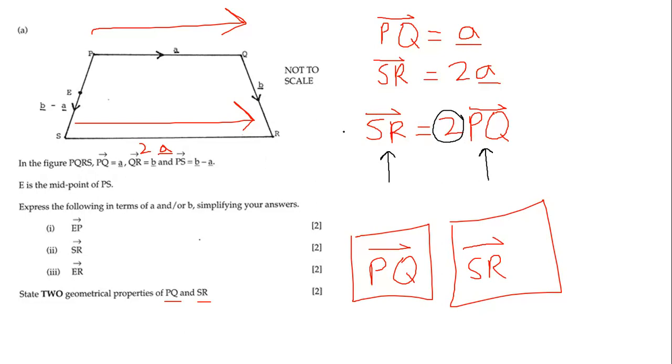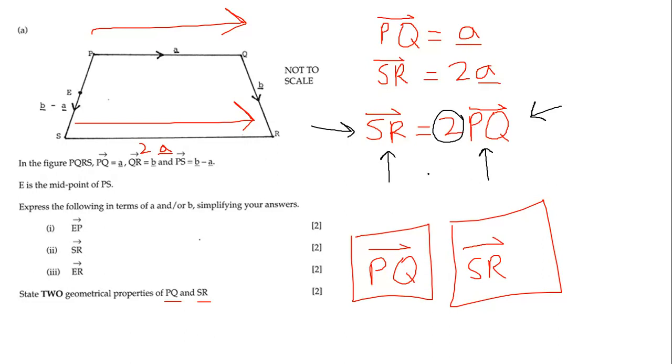Let me say it again. If we have one vector written in terms of another vector times a number, what can we say about these two vectors? Well, then we say that the vectors SR and PQ are parallel.